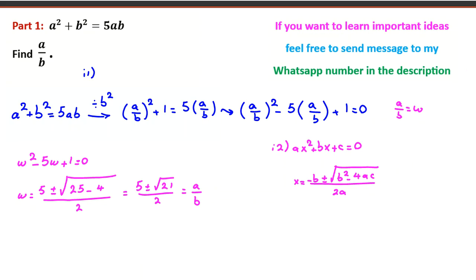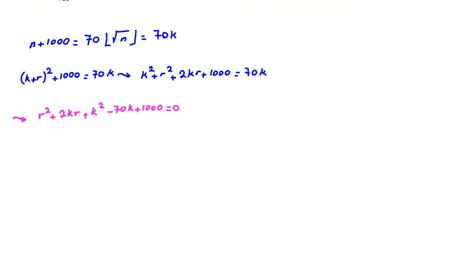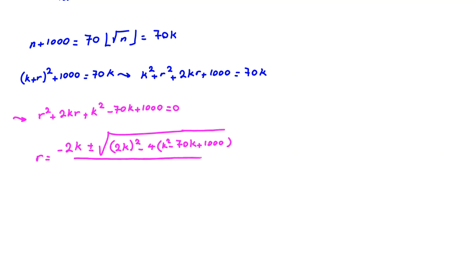We can take a screenshot from idea 2, the quadratic formula, and here, if we apply that, r equals negative b, negative 2k, plus or minus square root of b squared, (2k) squared, minus 4ac, minus 4 times 1 times (k squared minus 70k plus 1000), all over 2.